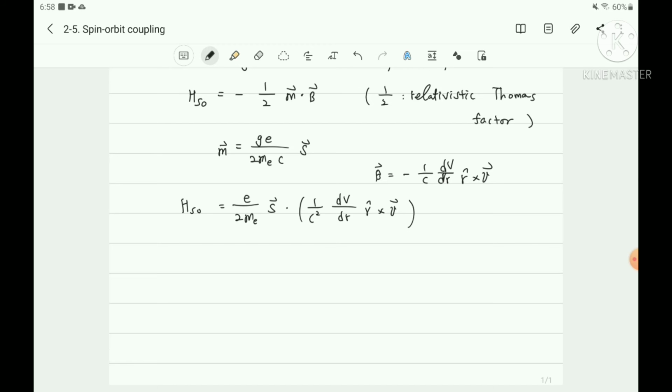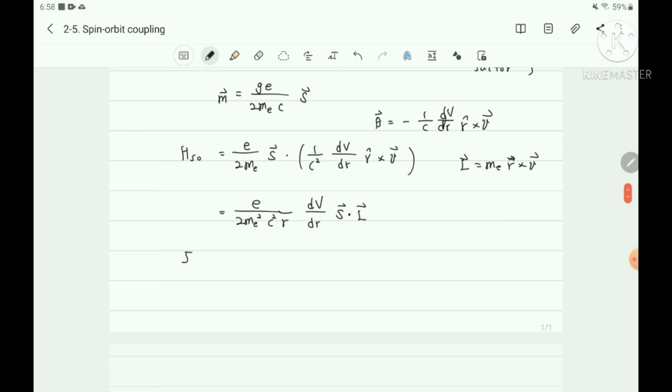Here, because the angular momentum is m_e r cross v, we get e over 2 m_e squared c squared r, dV/dr. Here r is not r hat, but the r vector. Therefore it is the angular momentum, like this.